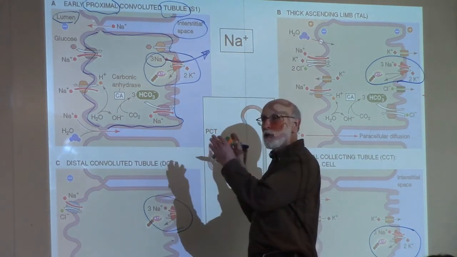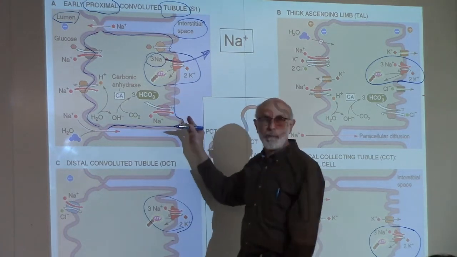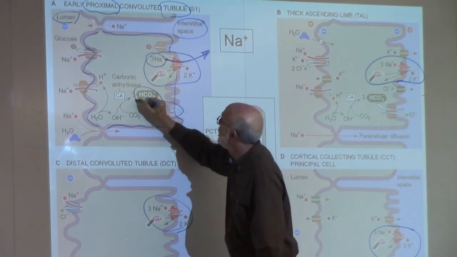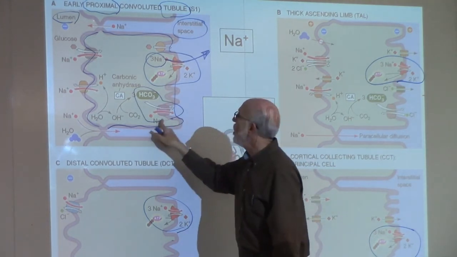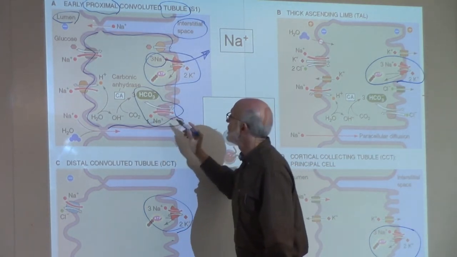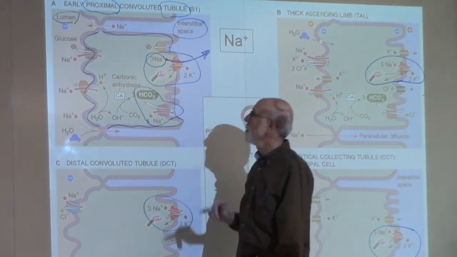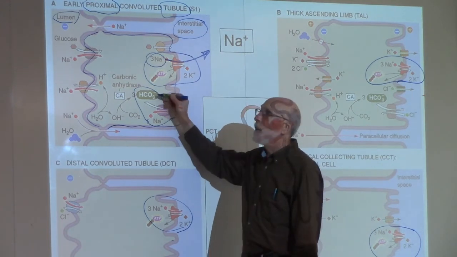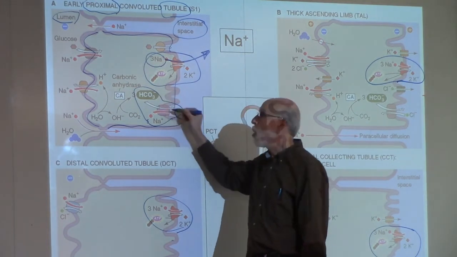As long as we're focusing on the basolateral membrane, let's remember another protein. What would we call this protein? It's got a very helpful name: the sodium bicarbonate co-transporter.